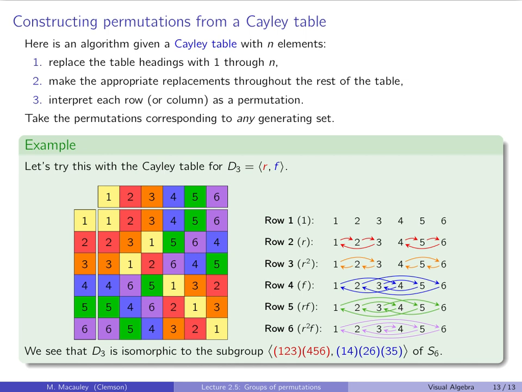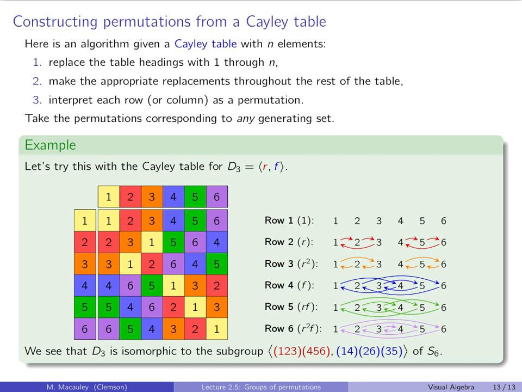So what I mean by that is, let's look at this second row multiplying by r. So 4 went to 5, 5 went to 6, 6 went to 4. So 4, 5, 6 here. If we multiply by r, do the columns, now we're doing right multiplication. And now we get what we got on the previous slide. 4 goes to 6, 6 goes to 5, 5 goes to 4, because right multiplication matches our convention for Cayley graphs.